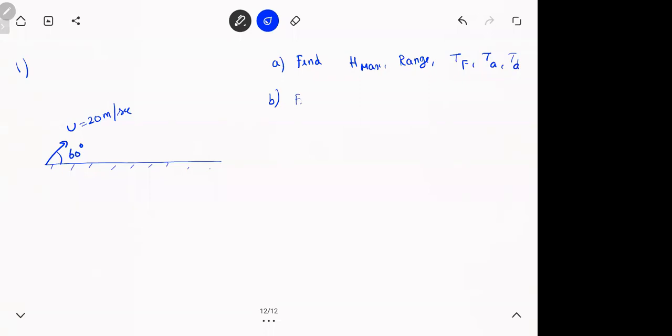Then find position and velocity vector at time t equal to 1 second. Find the equation of trajectory.